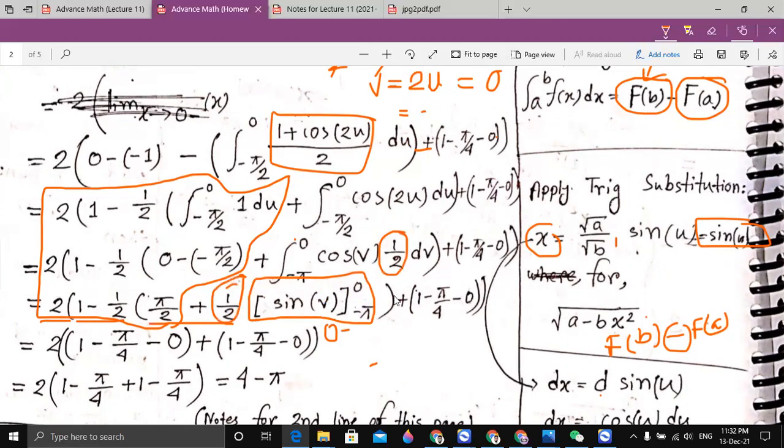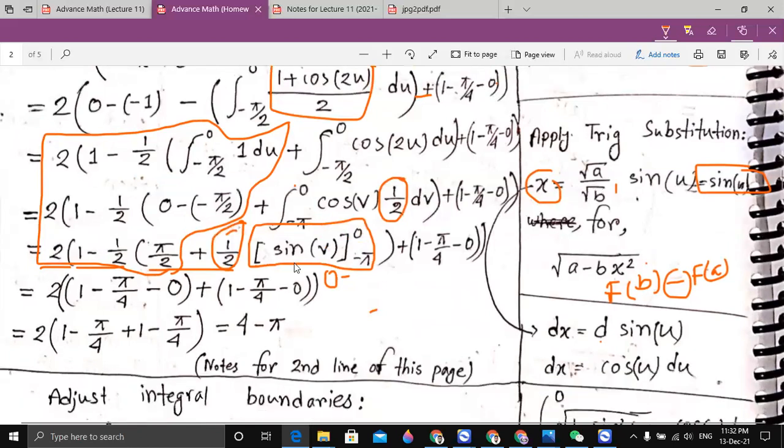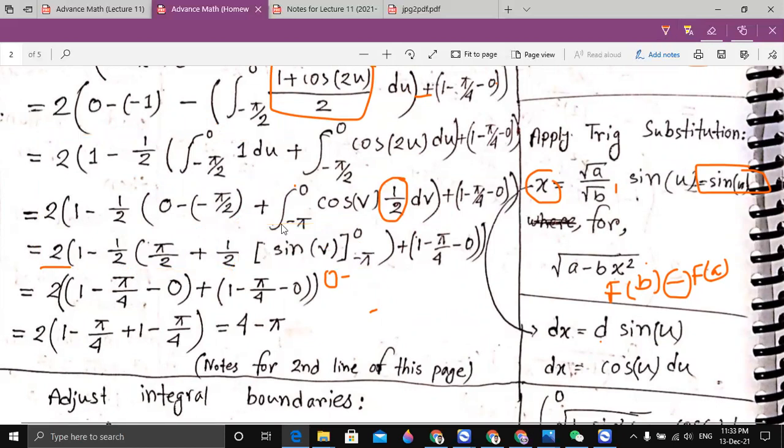And what else? 2 multiplied by 1 by 4, that is pi by 4, okay. I needed to write down more lines here.